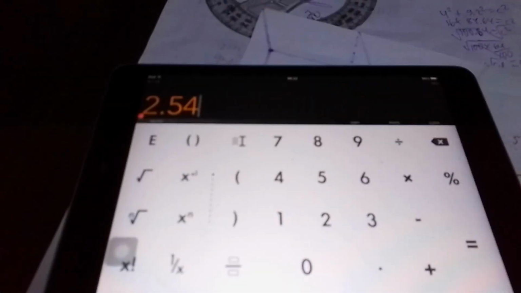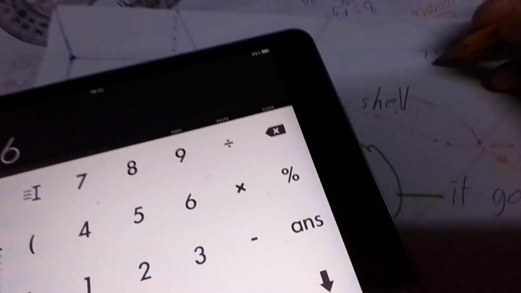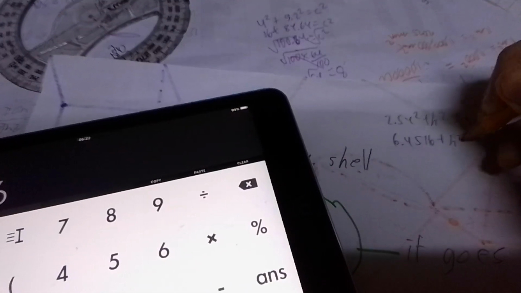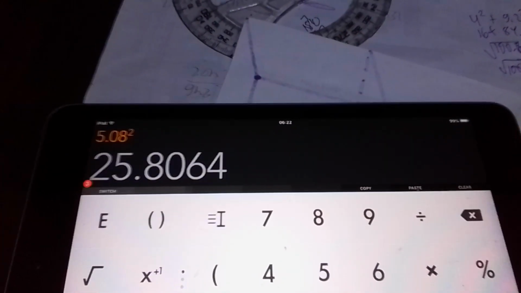Let's do all of this with the use of a calculator. So, 2.54, and then squared. So, therefore, that's 6.4516 plus h squared equals 5.08 squared, right? That's 25.8064.